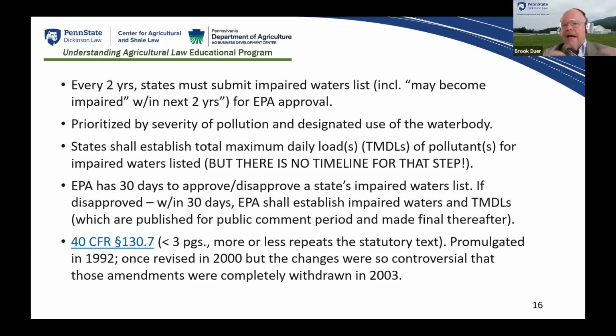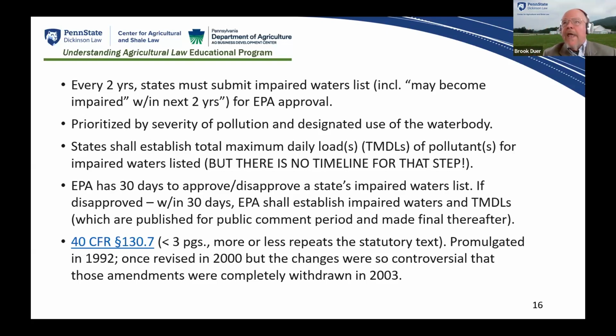So that's kind of this sliding scale of the water's intended use, and then the water quality, and if it doesn't meet the water quality standards that the state was required to set up in the Clean Water Act, then it's an impaired water.